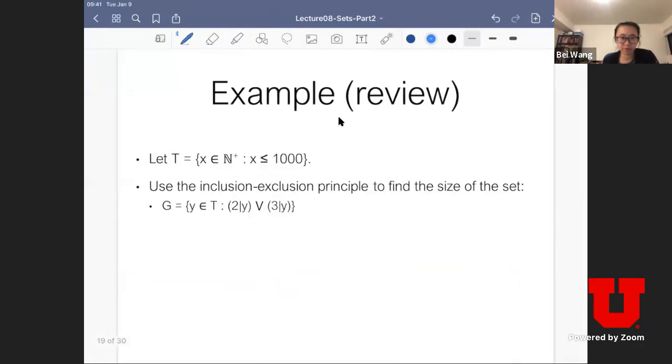So we kind of went through this example. Again, it's a quick review. In this case, the set A is the set of numbers between 1 and 1,000 that are divisible by 2. And then I have a set B that is divisible by 3. And then the set A intersect B is the set that is divisible by 6.